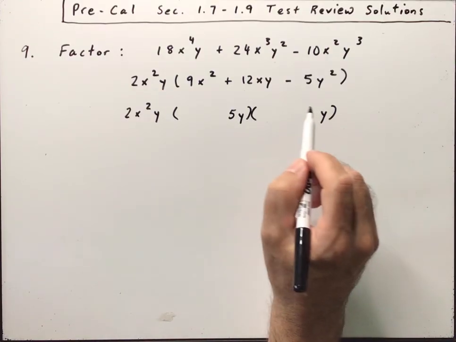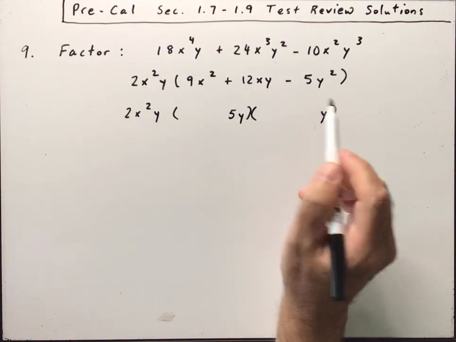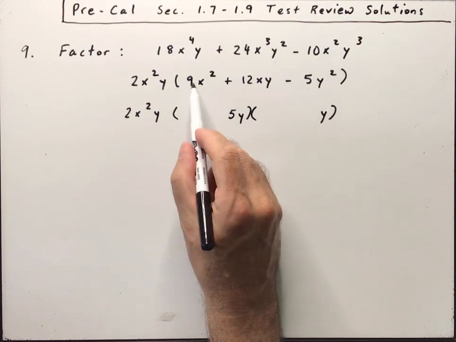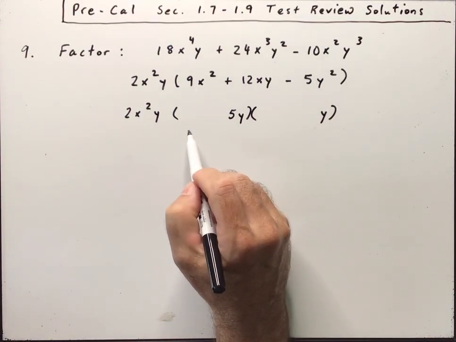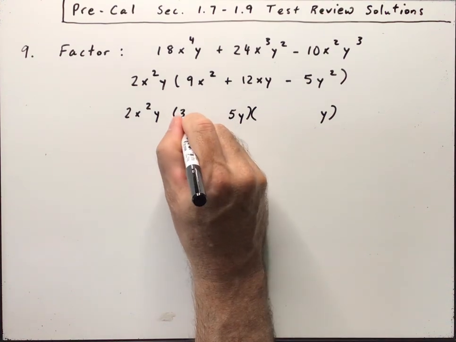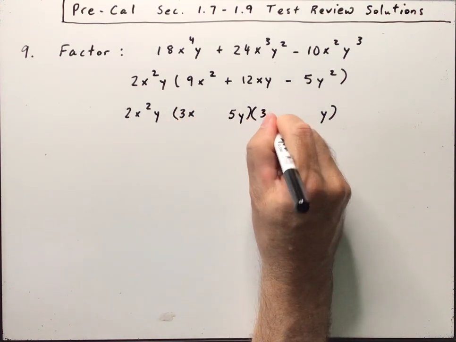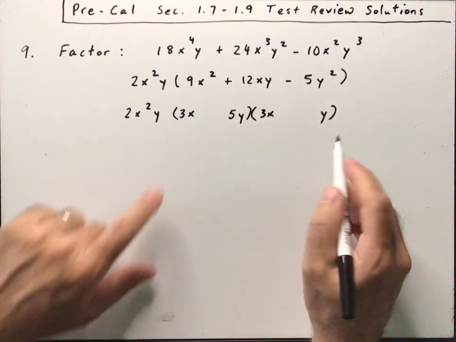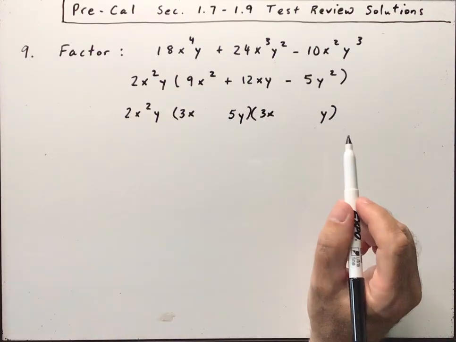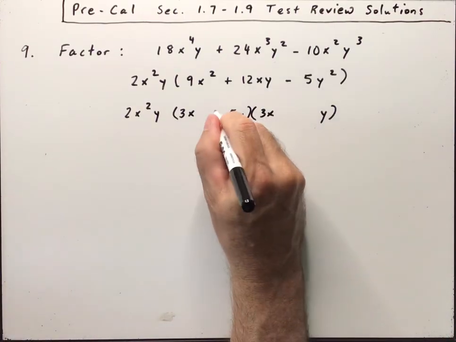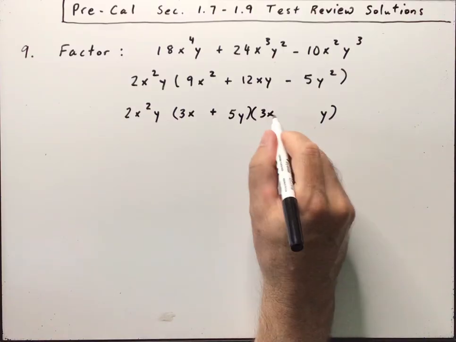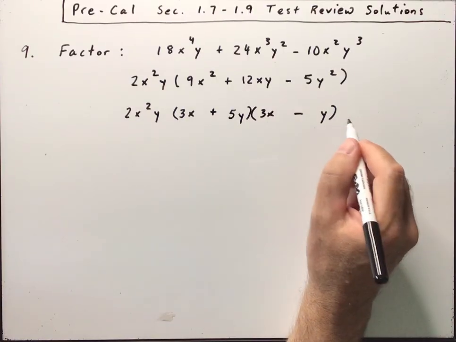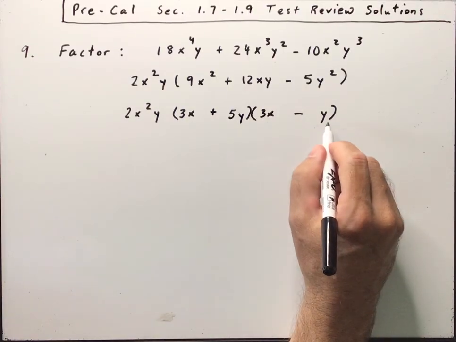So now we've got to put something so that I can get a 12 in the middle. So 9 and 1 or 3 and 3. I'm definitely thinking 3x and 3x because I would have a 15 and a 3, and I can get a 12 out of that. So let's try a plus here. That'd give me plus 15xy, and a minus here. That'd be minus 3xy.